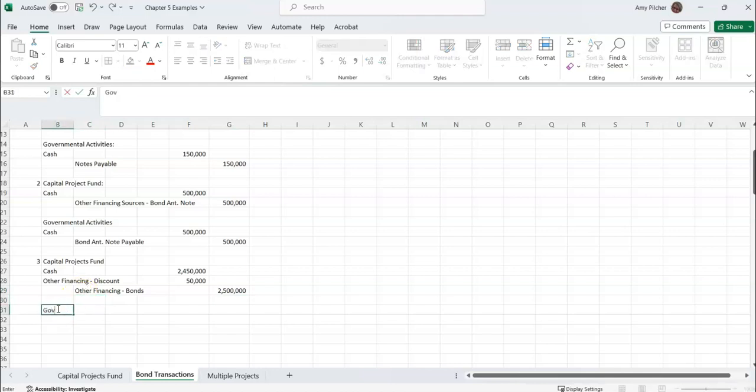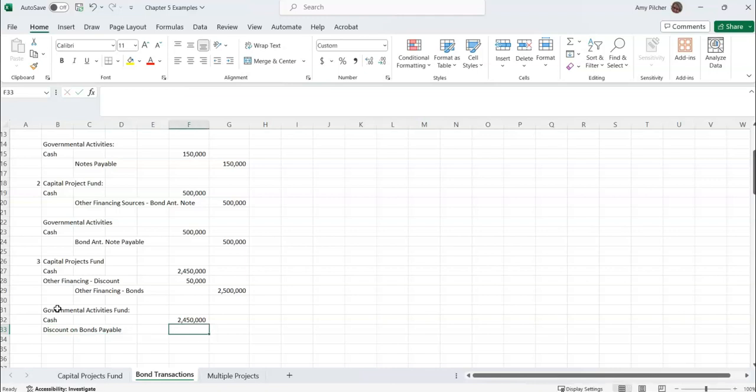And then in the governmental activities fund, we receive cash. And we have a discount on bonds payable and bonds payable.